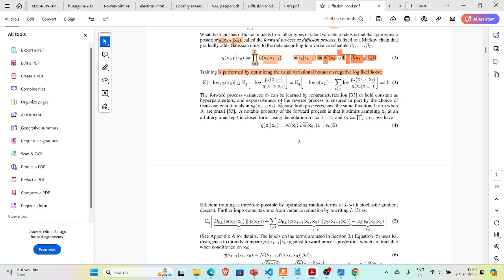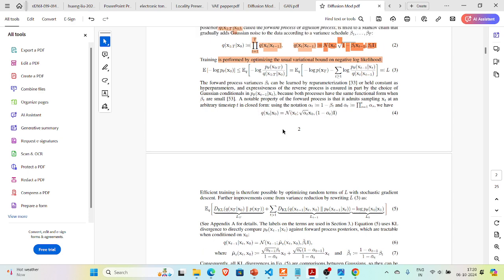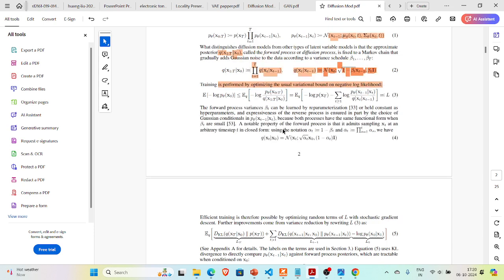Next, they have used a different notation with alpha t to write it like this.